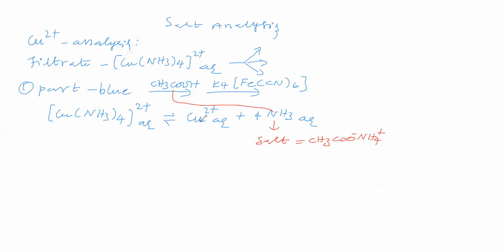This metal ion replaces the potassium ions. Therefore, we will get Cu2+ aqueous and ferrocyanide ion.